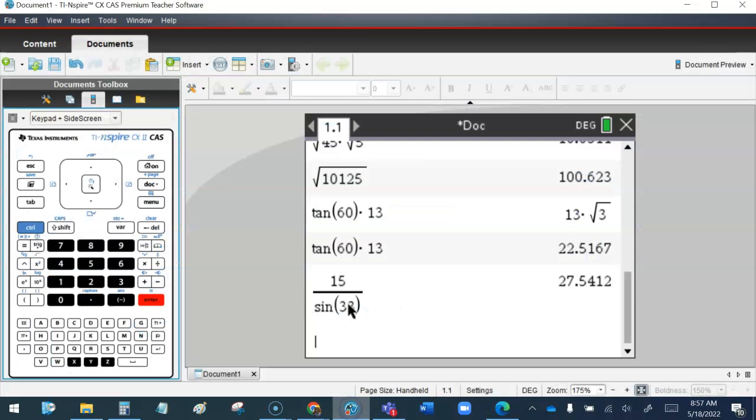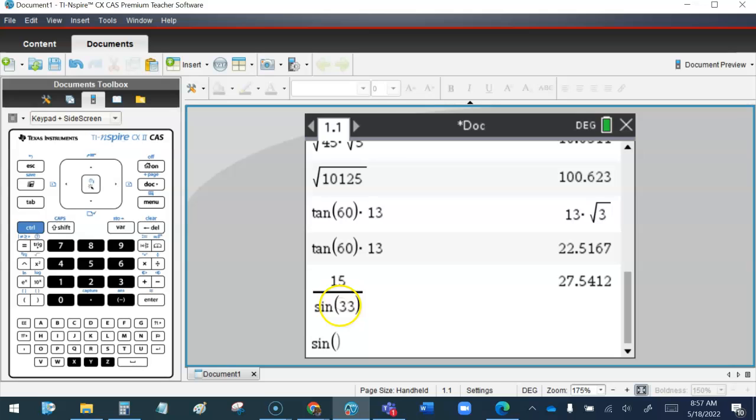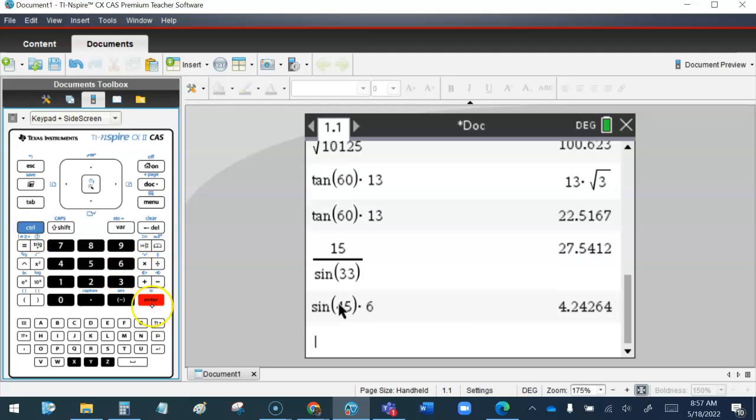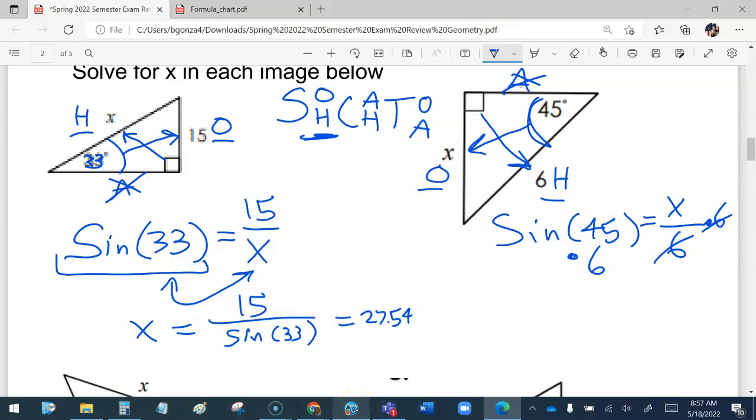What is sine 45 times 6? 4.24 units for the length of x. That makes sense because it's less than 6, which is the hypotenuse, the longest side.